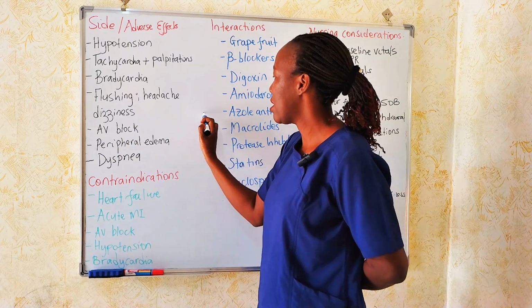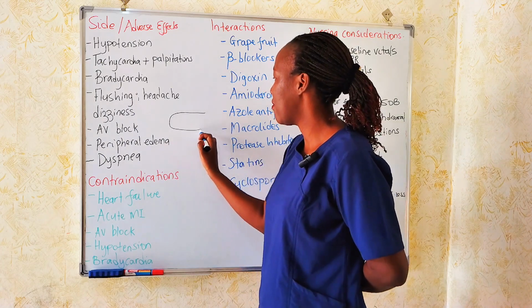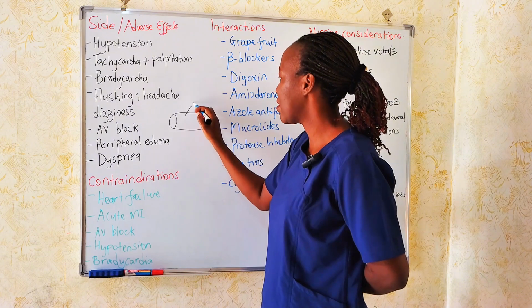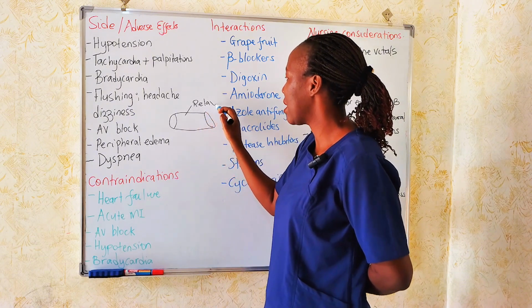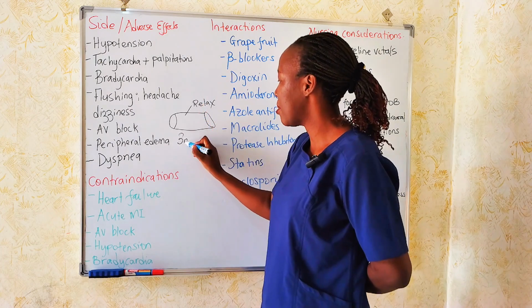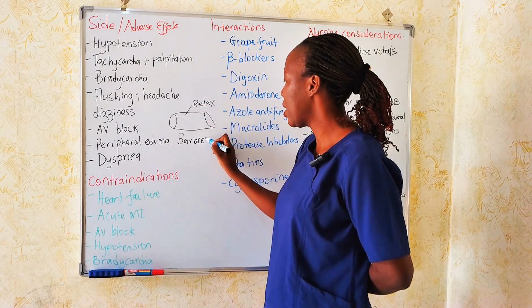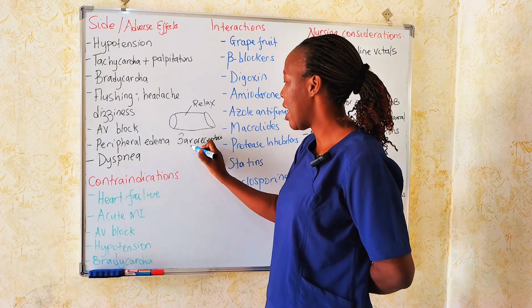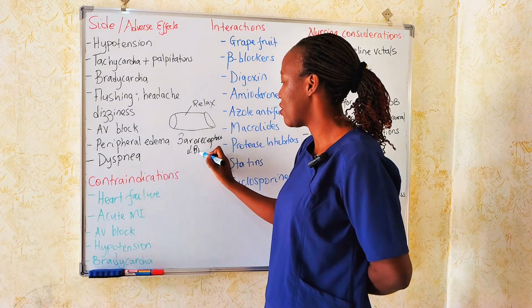You see, when the dipines are relaxing the blood vessels, blood is going to flow with less pressure. And then as it is circulating, the baroreceptors in there are going to pick the information of a reduction in blood pressure. And what does that do?